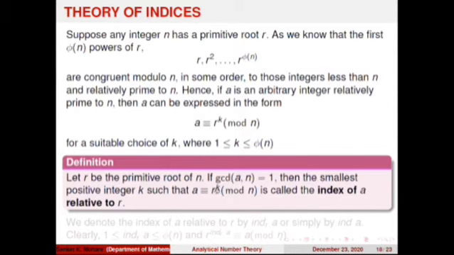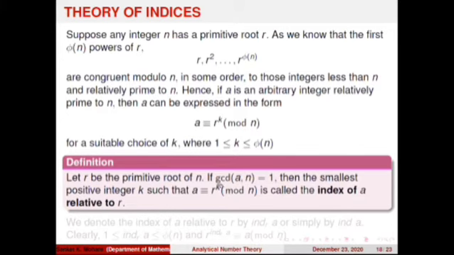What is k here? k is the smallest positive integer such that a is congruent to r to the power k modulo n, and it is called the index of a relative to r. That is, the index of a relative to r is equal to k.